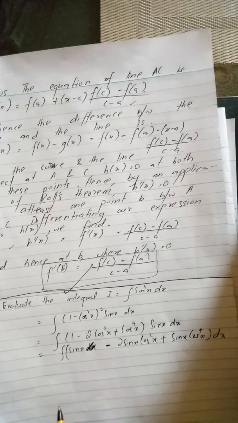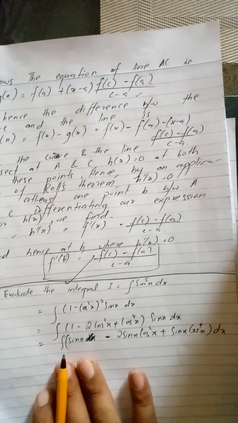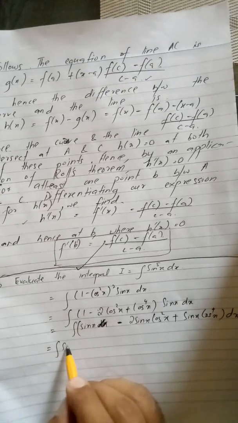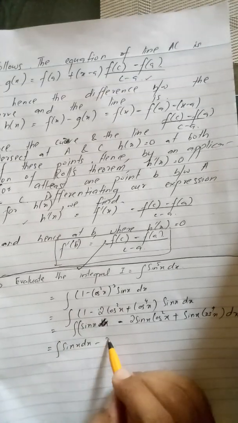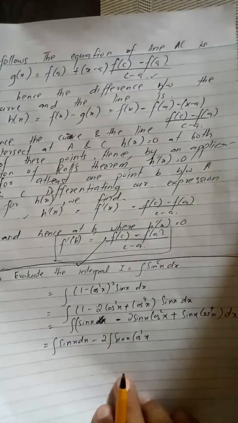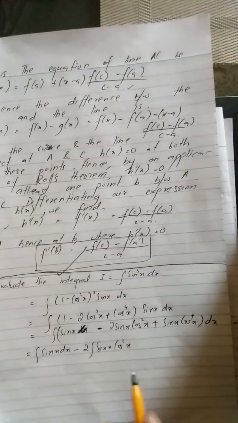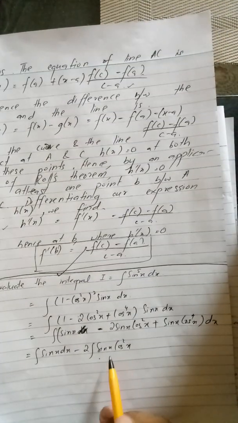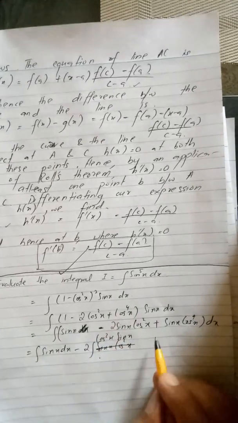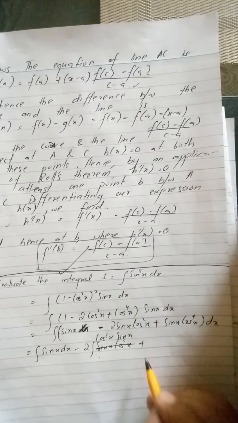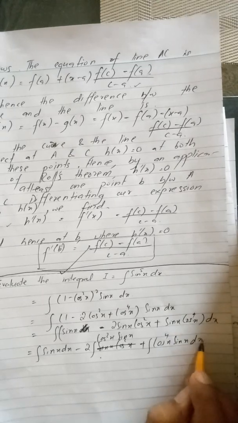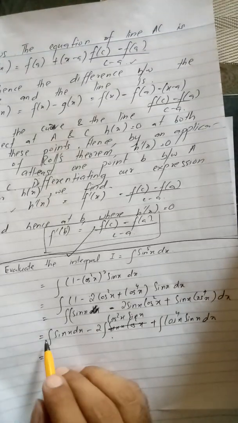So the solution would be the integral of sin x dx minus 2 times the integral of cos^2 x sin x dx, plus the integral of cos^4 x sin x dx. Now we have to see how we can resolve it.